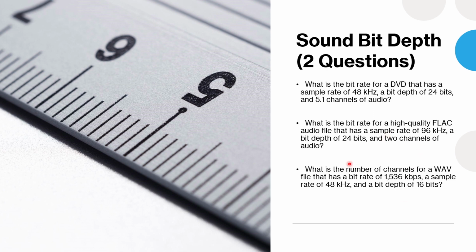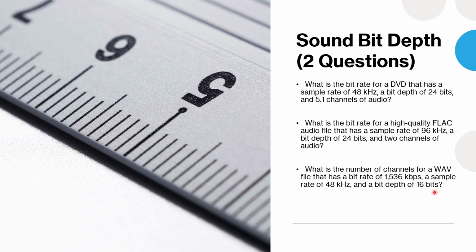So this is also the next question that has been given. Please try and solve this particular question. This question is also one of the questions I would want you to solve. With this, you have not been given the number of channels, but you have been given the bit rate itself, and you are told to calculate the number of channels for a WAV file that has a bit rate of this and a sample rate of that, and the bit depth is 16 bits.